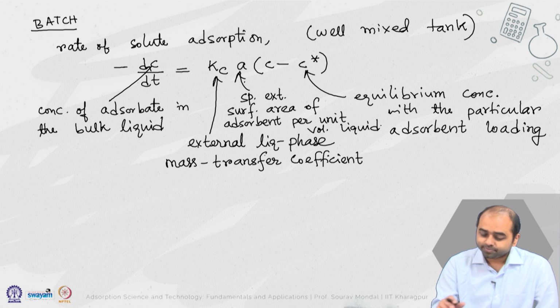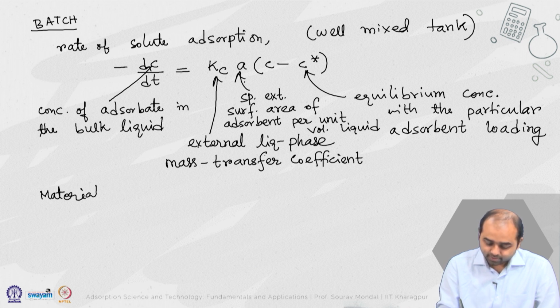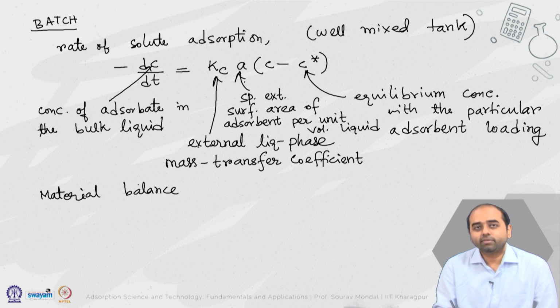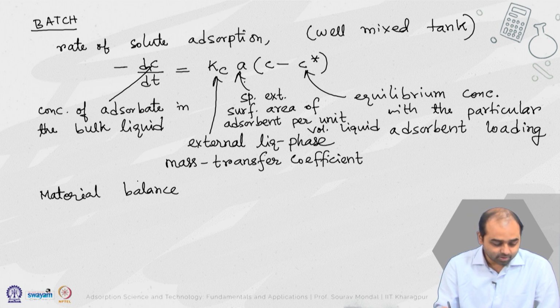So, this is the transport equation, or the overall lumped parameter model based transport equation in this case. Now, we also have a mass balance equation. So, this is same as the balance equation that we have already studied previously while calculating some equilibrium based models.